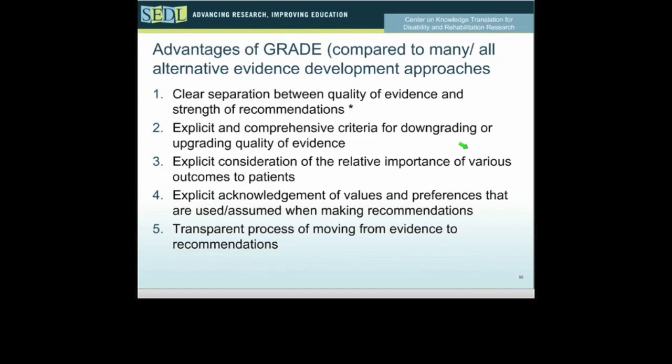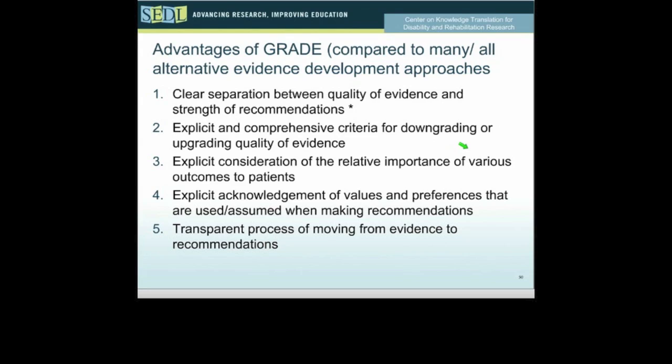There are explicit and comprehensive criteria for either downgrading or upgrading the quality of the evidence. There is explicit consideration for taking into account what outcomes are important to our patients, our clients, and focusing on those, giving those the most weight when we have to come up with a bottom line.